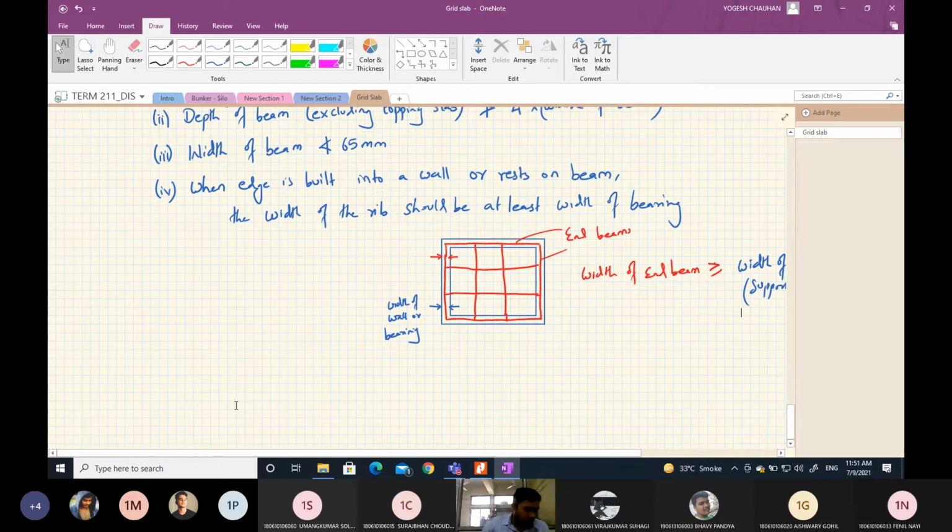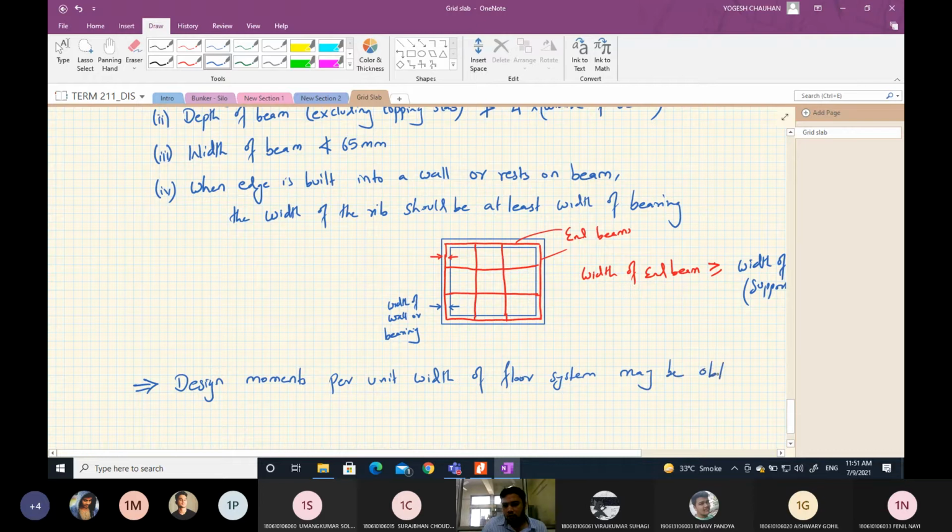So if these conditions are met, then the design moments per unit width of the floor system may be obtained using moment coefficients given in IS code, using moment coefficients given in Table 26 of IS 456 2000.